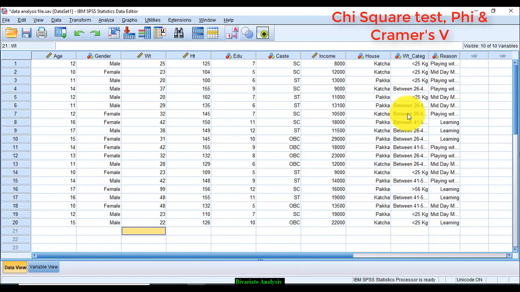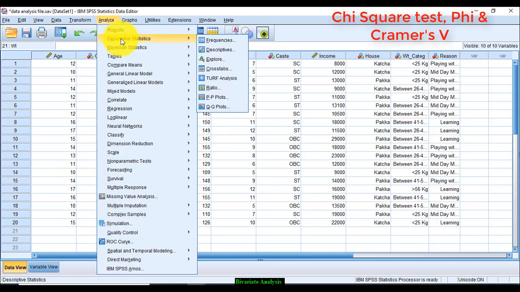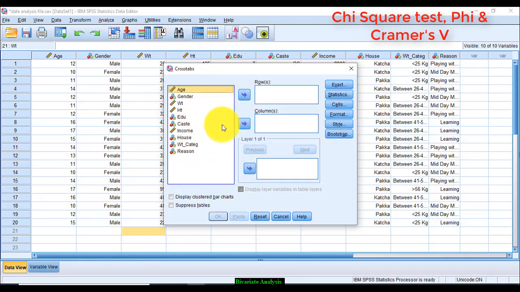Let us explore the relationship between two nominal variables, that is, whether reasons to go to school are related to the type of house. To perform this analysis, we will go to Analyze, Descriptive Statistics, and Crosstabs. Shift the dependent variable, which is our reason to go to school, into the row box, and type of house into columns, which is our independent variable.